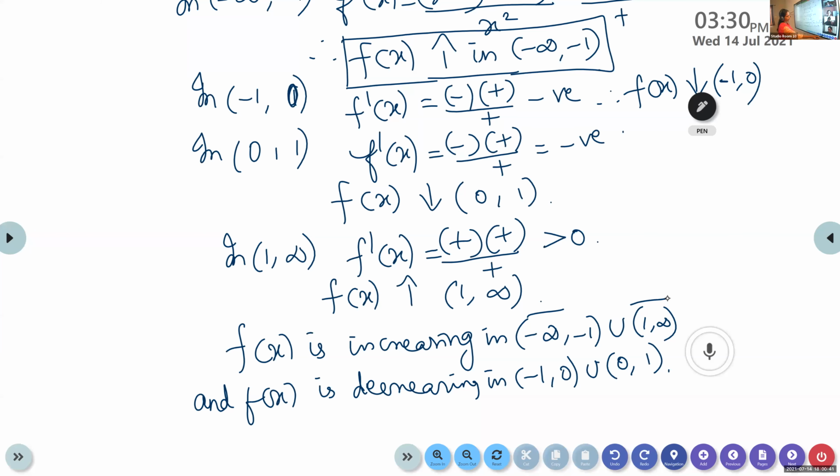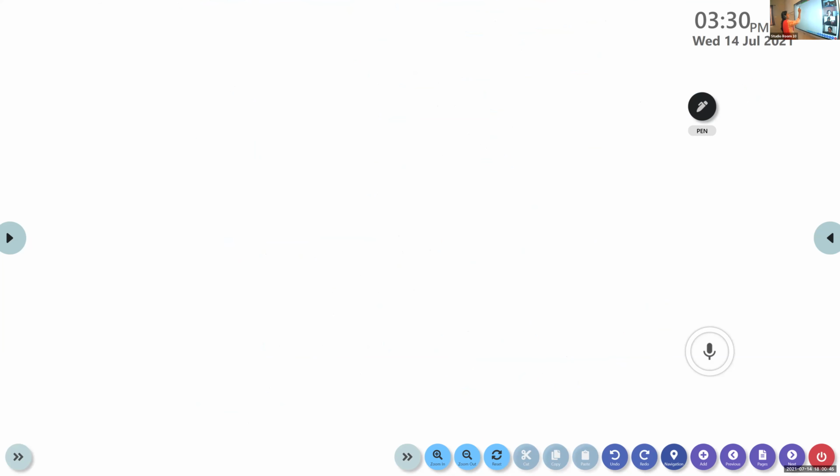After solving and finding the values of x, we substitute values in f dash of x, in interval form. We check: if f dash of x is positive, it is increasing, and if f dash of x is negative, it is decreasing.